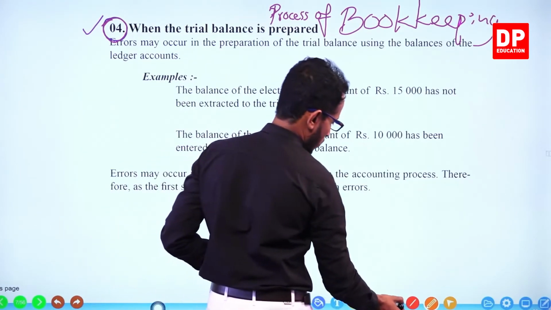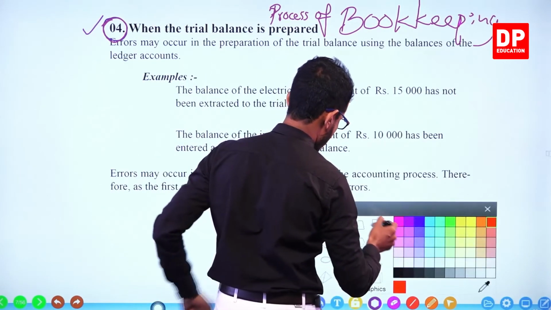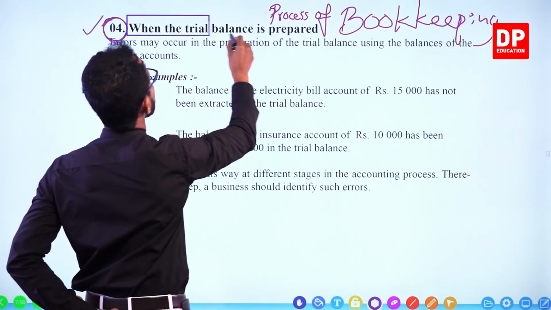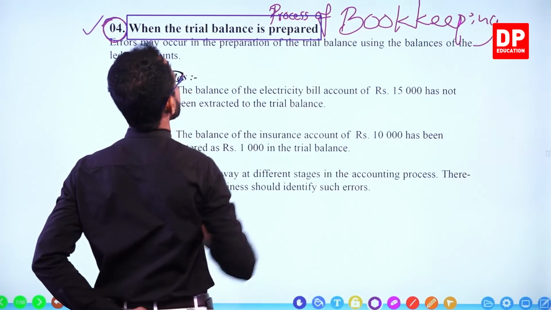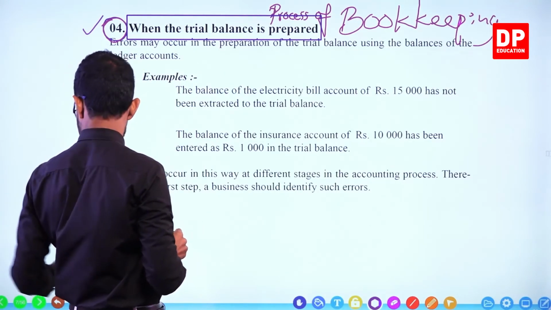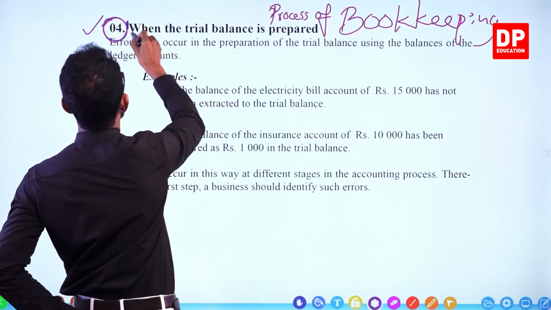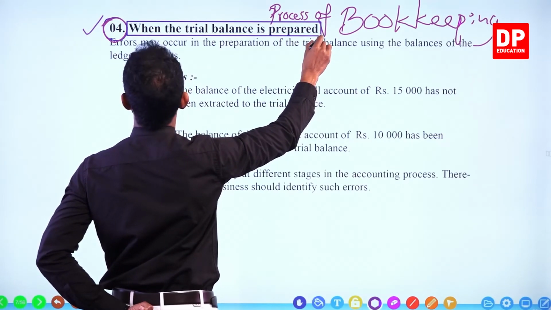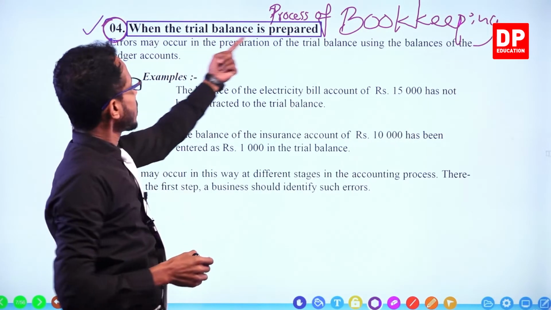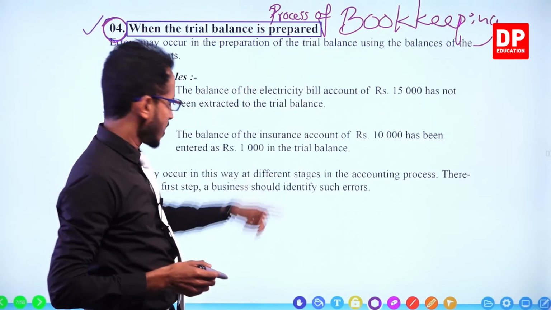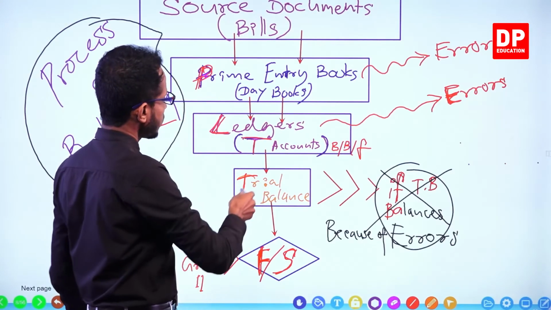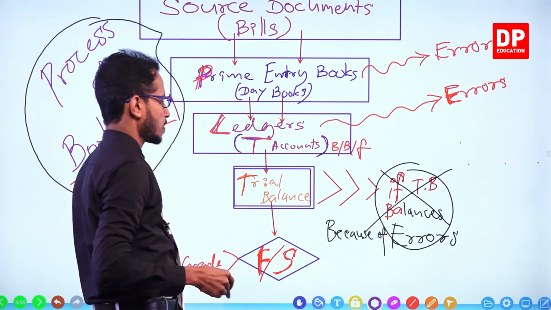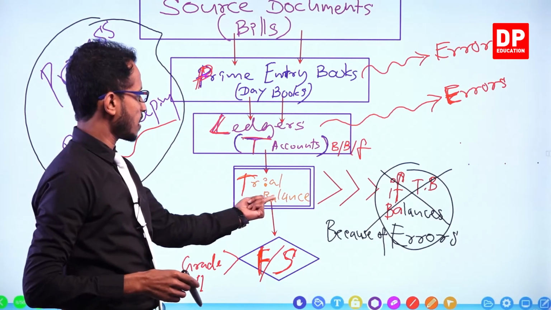That is the final level, the trial balance.